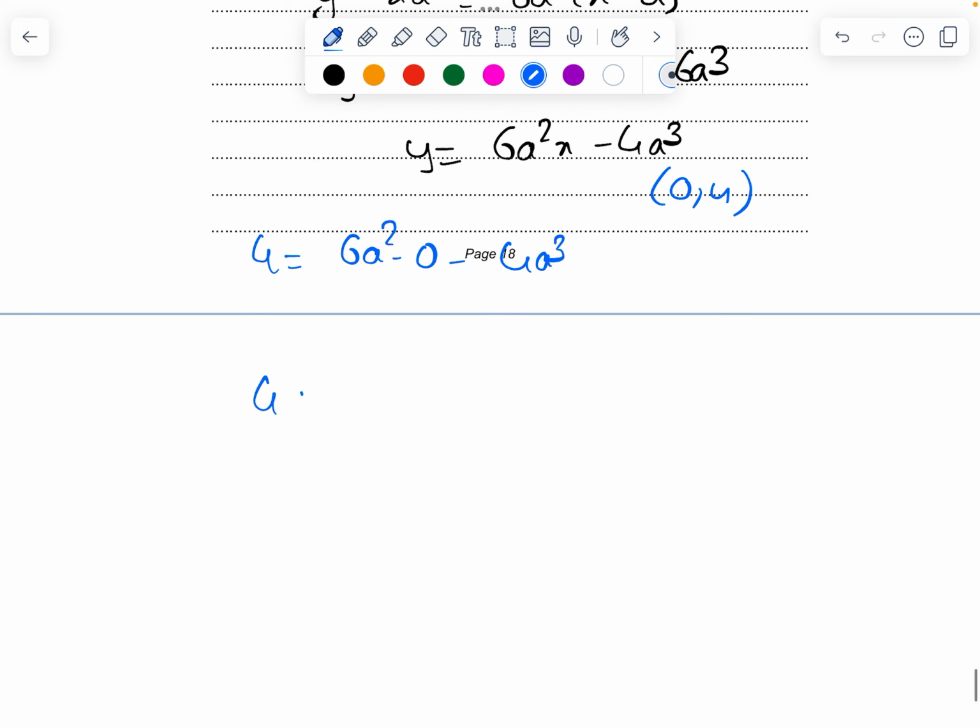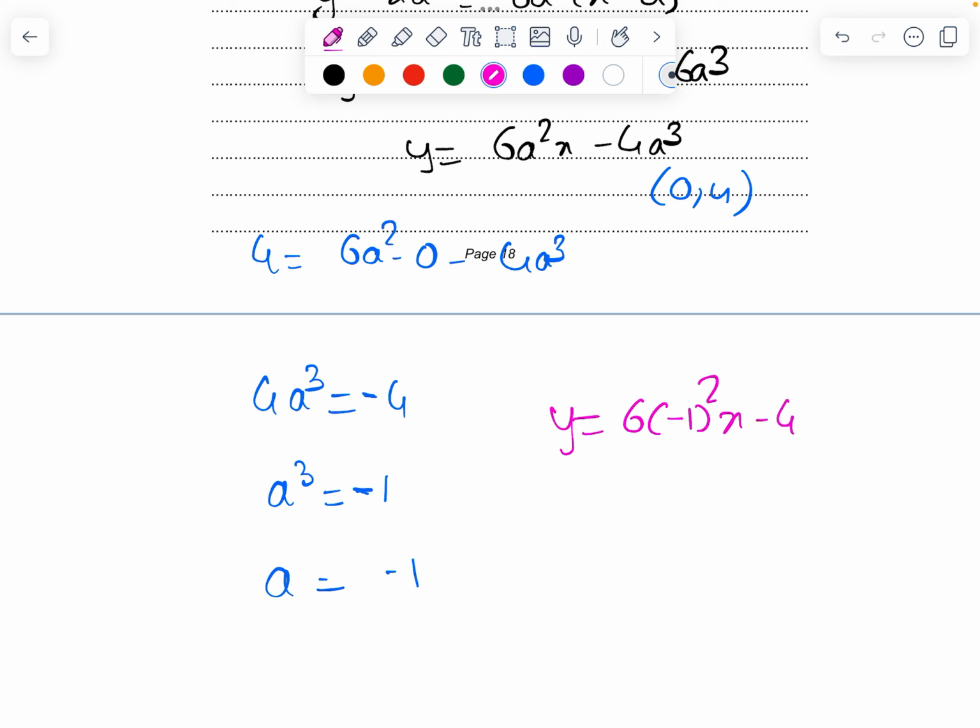So 4a cubed equals negative 4. a cubed equals negative 1, a equals negative 1. So what will be the equation now? The equation will be y equals 6 times negative 1 whole squared x minus 4 times negative 1 whole cubed. So y equals 6x plus 4. That's going to be the answer.